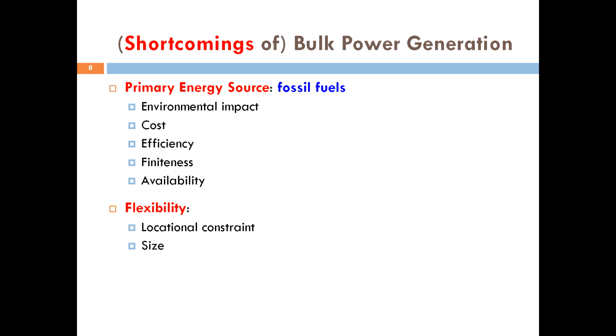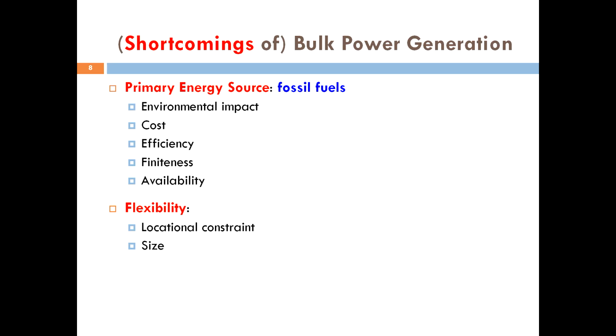Most of the bulk power generation that we have today is located very far from load centers. One reason is that bulk power generation firstly has to be located close to where the resource is, and secondly, because of the pollution, especially from fossil fuel-based power generation, it cannot be located very close to residential areas.